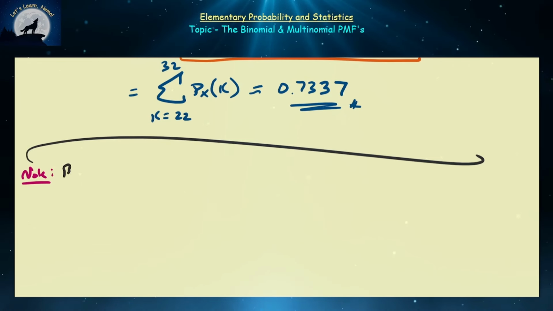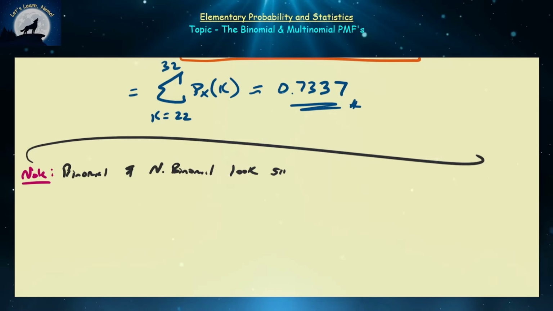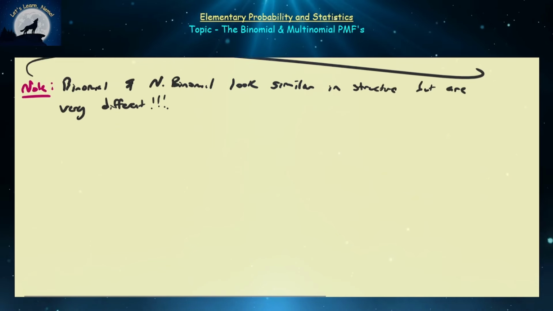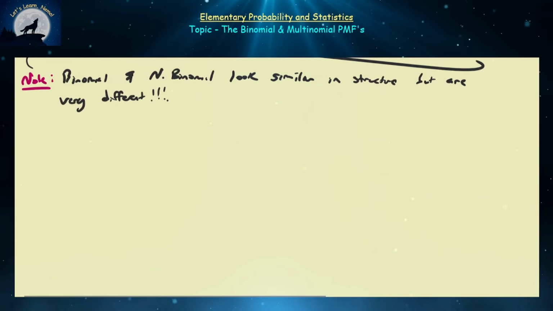Binomial and negative binomial look similar in structure, but are very, very different. I just want to point out why they are so different, although their names sound very similar to each other.